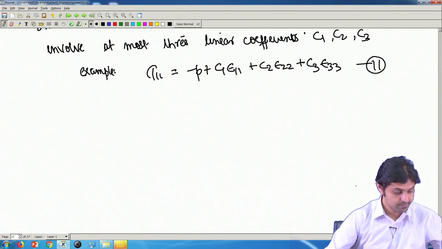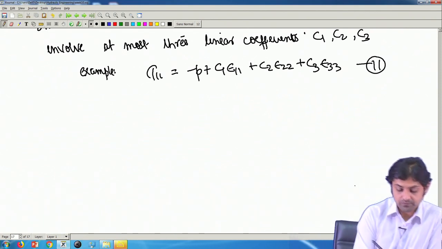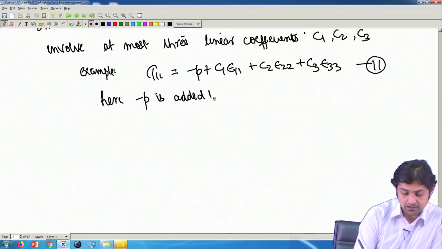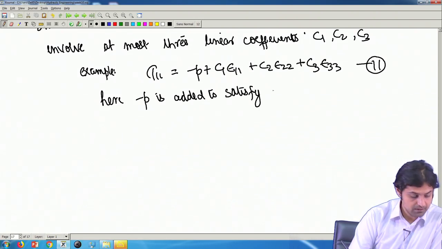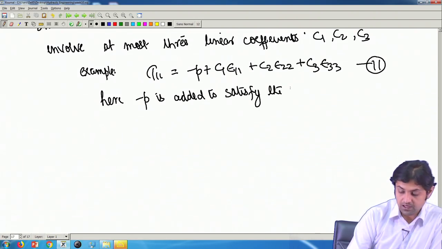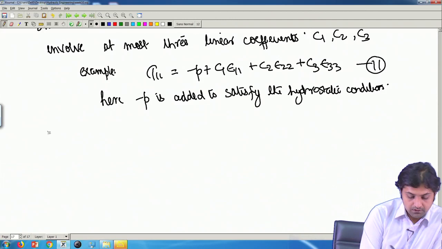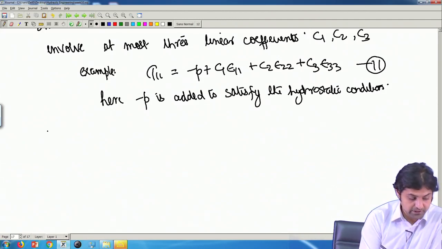Here minus P is added to satisfy the hydrostatic condition. Okay. Now the second postulate about the isotropic condition.